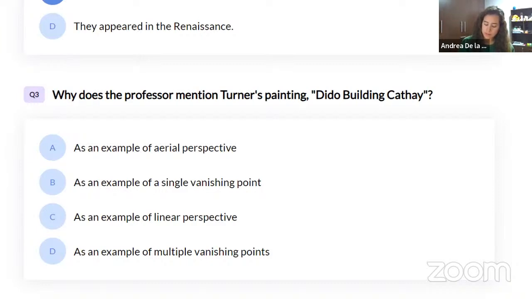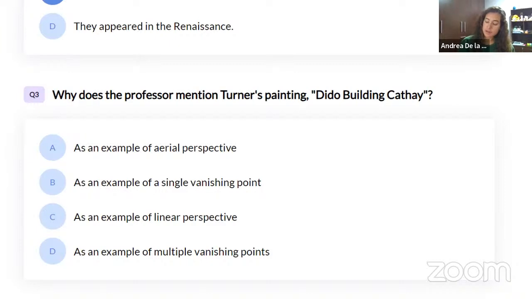If you don't know, take a guess. Maybe D, as an example of multiple vanishing points?